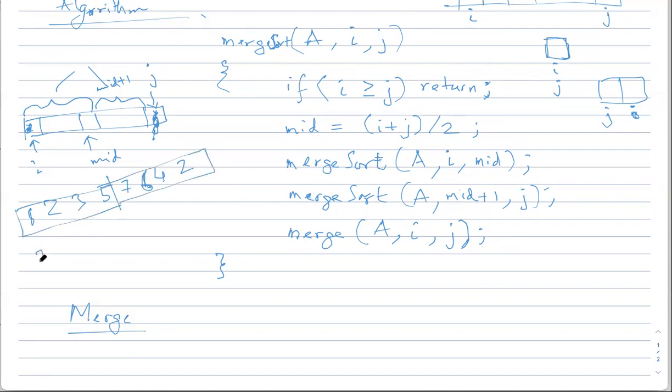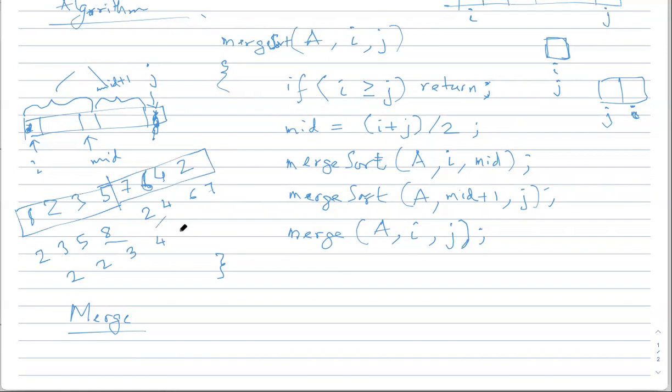After sorting, you will get 2, 3, 5, 8. After sorting here, you get 2, 4, 6, 7. If you concatenate, it's not going to solve your problem. So you have to merge the two sorted lists. You expect 2, 2, then 3, then 4. This is the effect of merging two sorted lists.